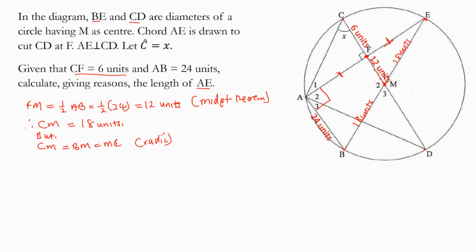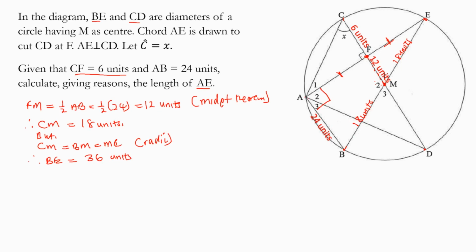They are radii. Therefore BE is equal to 36 units, which is 18 plus 18.